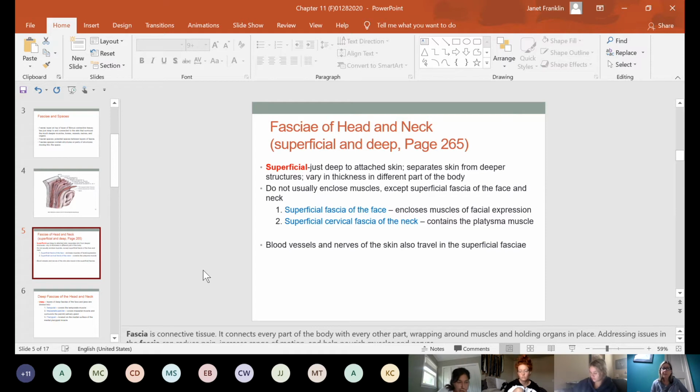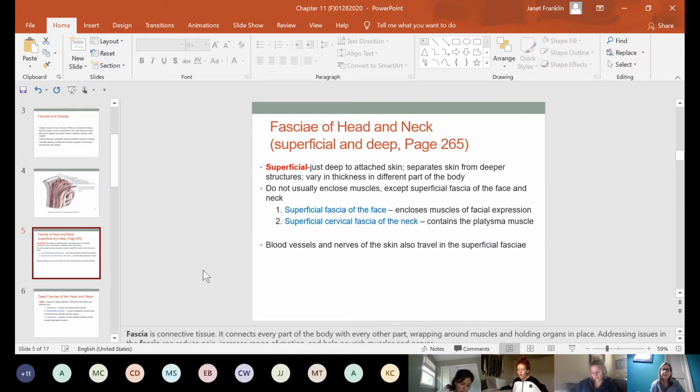You have superficial and deep fascia. Your superficial fascia is just deep to the attached skin. So you've got your attached skin, and then right underneath is your superficial fascia. It separates your skin from the deeper structures. They vary in thickness in different parts of the body. They do not usually enclose muscles, except the superficial fascia of the face and neck, which happens to be the part we care about.